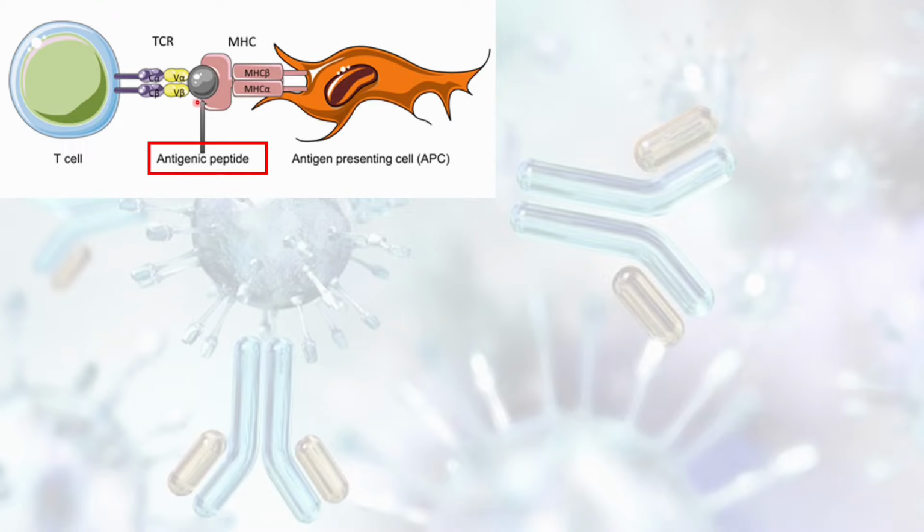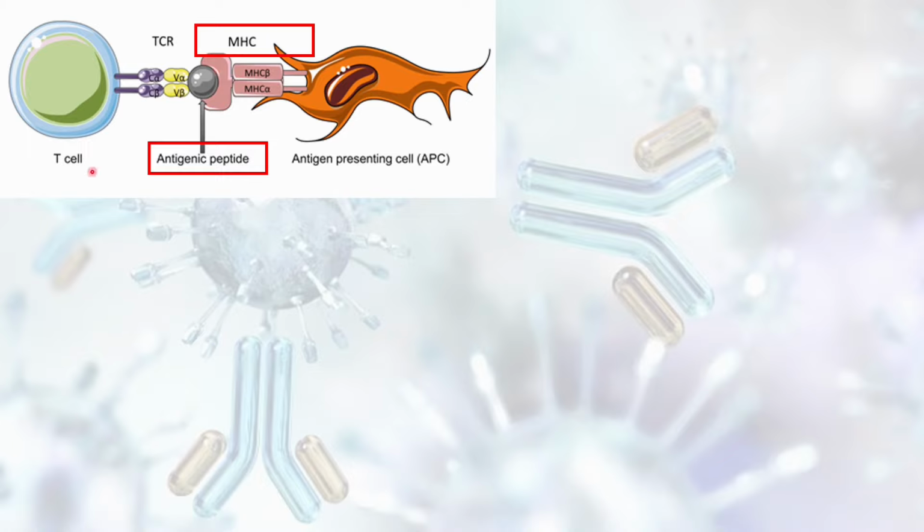So we need the antigen to be protein in nature in order for the T cell to recognize it. But the T cell receptor also requires that this protein antigen be attached to MHC, major histocompatibility complex, in order to recognize it. So the T cell requires a protein antigen in association with MHC.